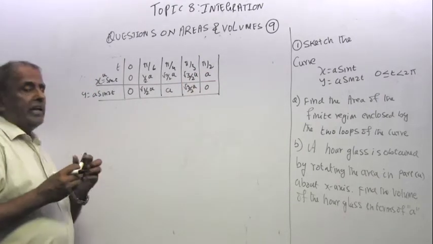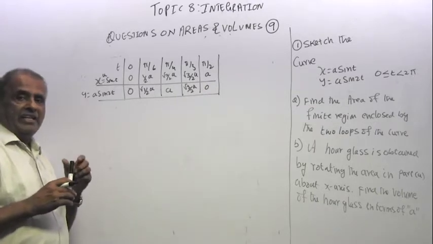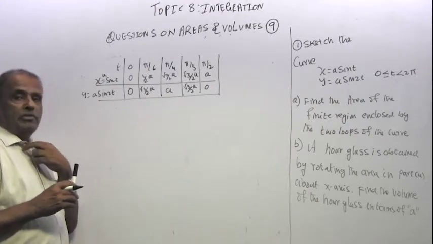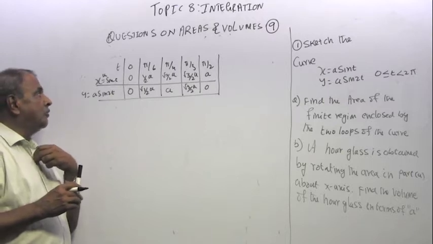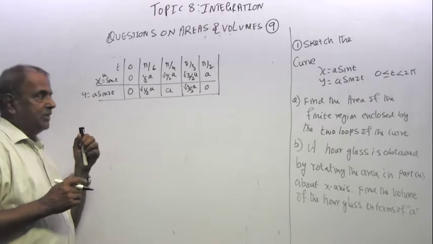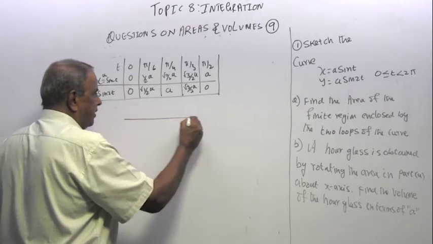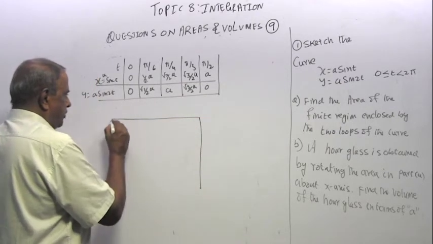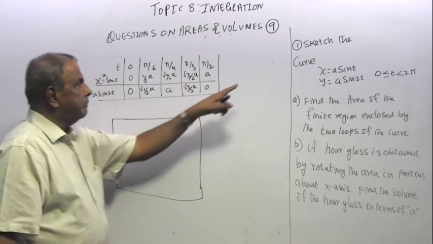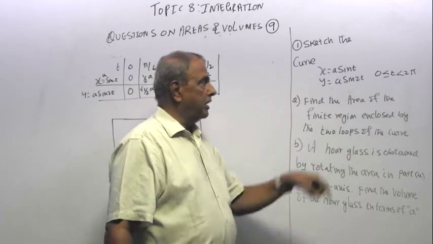So, as t increases from 0 to pi over 2, the values of x go from 0 to a, and the values of y go from 0 to a and back to 0. Very interesting. So in other words, my whole graph is confined to the domain minus a to plus a, and the range is also minus a to plus a.